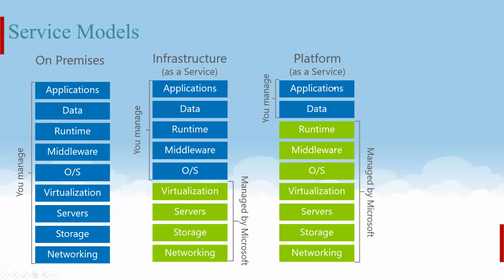When you go for platform as a service, networking, storage, servers, virtualization, OS, middleware, runtime, everything will be taken care of by your provider. You need to focus on the application and data, just on the service you are using. Everything will be taken care of by Microsoft.